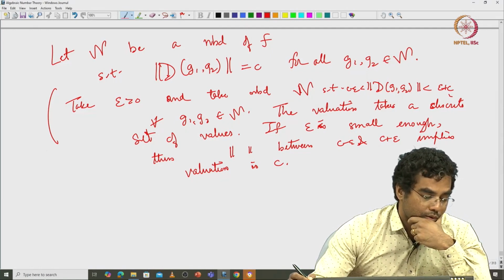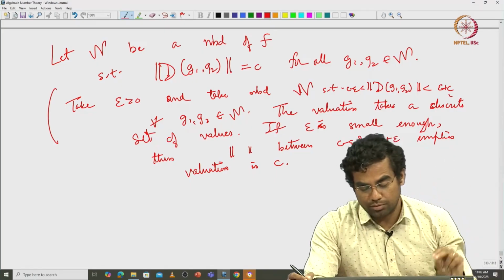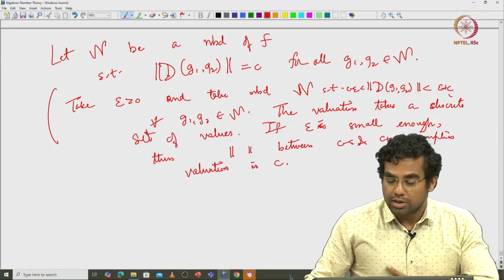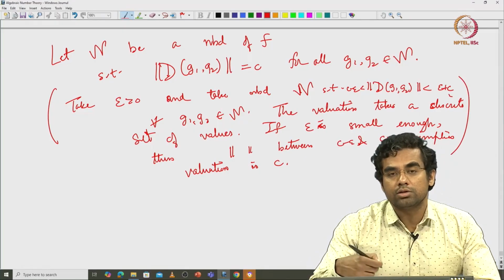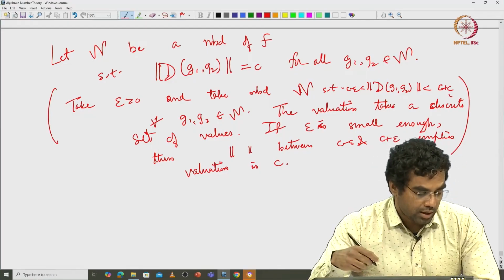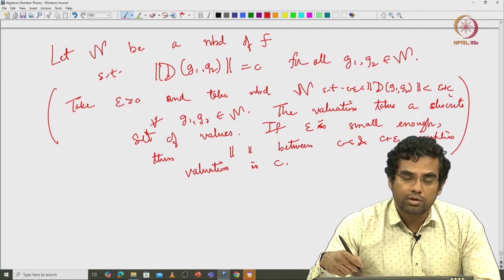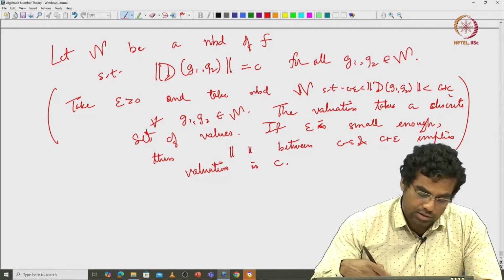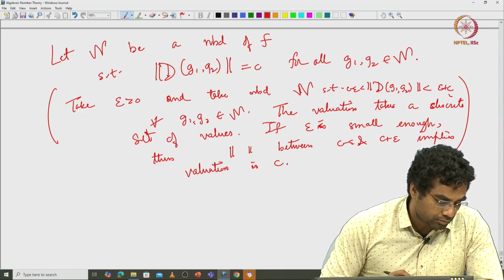So, for a non-zero element it takes a discrete set of values. The only limit point is 0 and C is not 0. So, a condition of equality on norm usually is not an open condition, but this is how you do it, and this is why it is tedious to make close enough quantitative, but qualitatively it is easy to understand what close enough means. So, this is one of the things that is required for close enough.